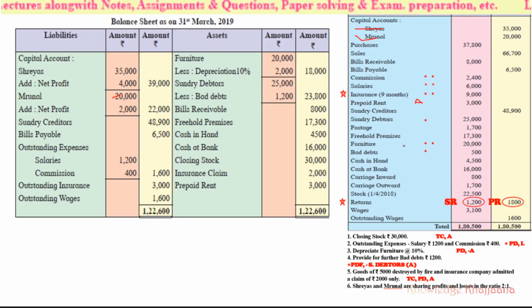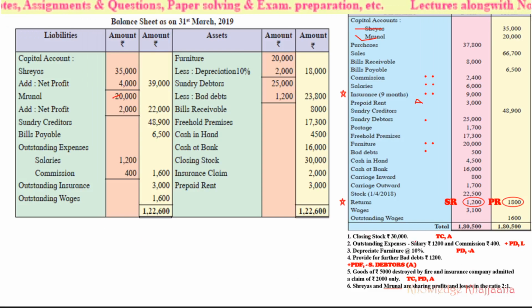Then furniture of rupees 20,000. Then cash in hand rupees 4,500. Cash at bank rupees 16,000. Then everything we have taken. Outstanding, which was a liability, so outstanding rupees 1,600.